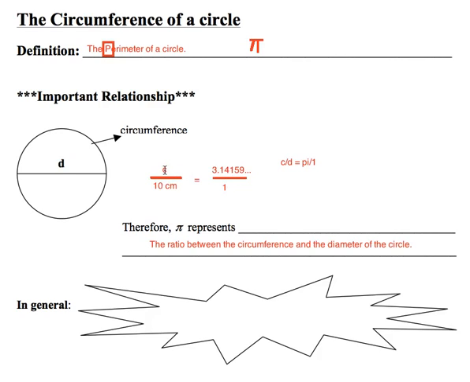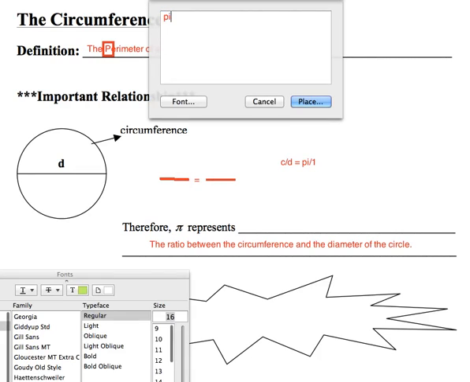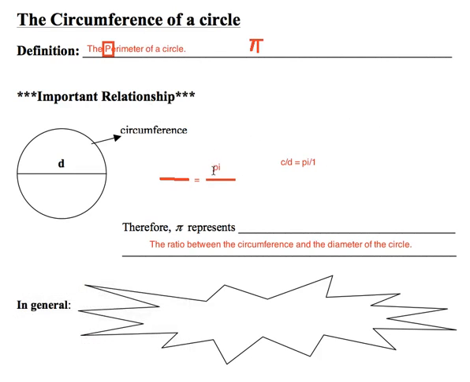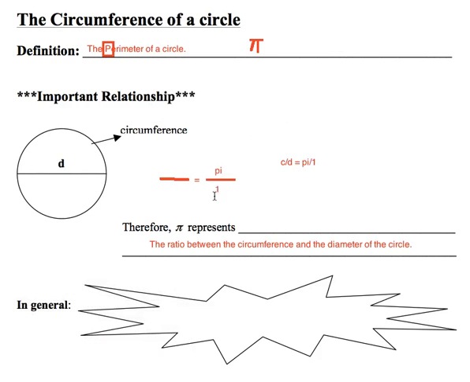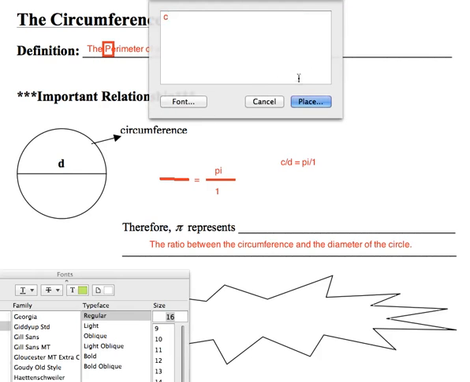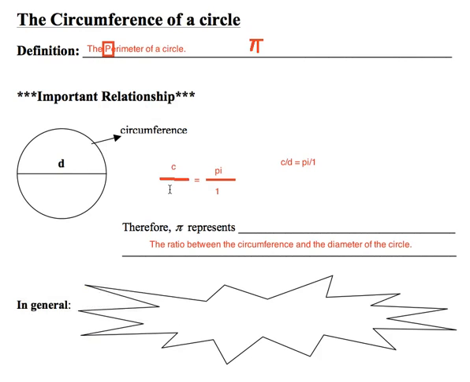Or if I think of it like this, instead of using actual numbers, I say the symbol pi, I should just use the symbol here, over 1 is equal to the circumference over the diameter.